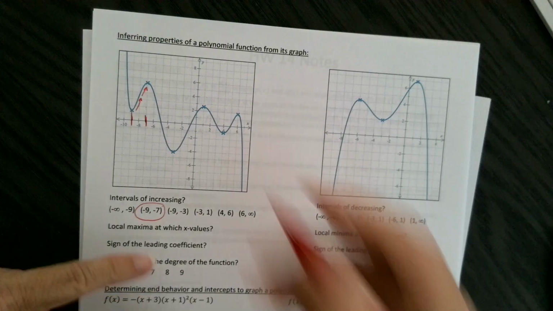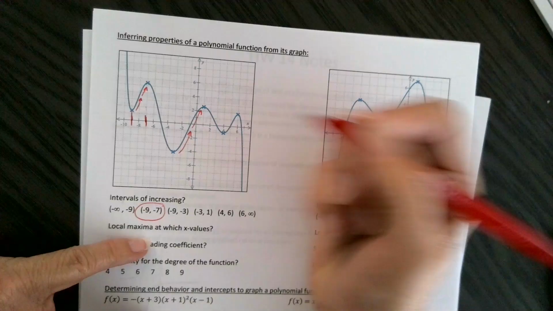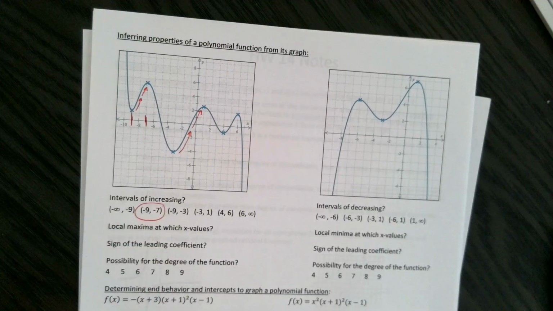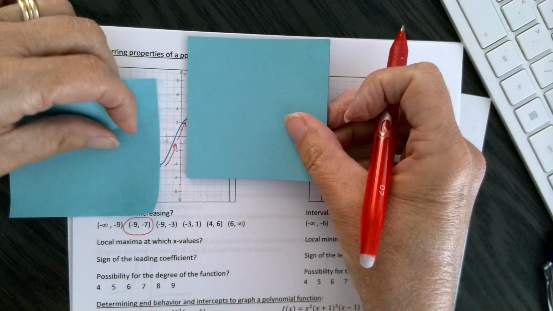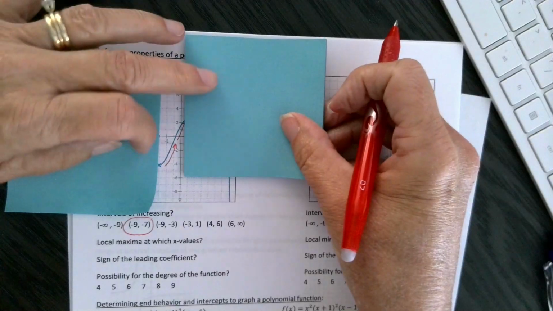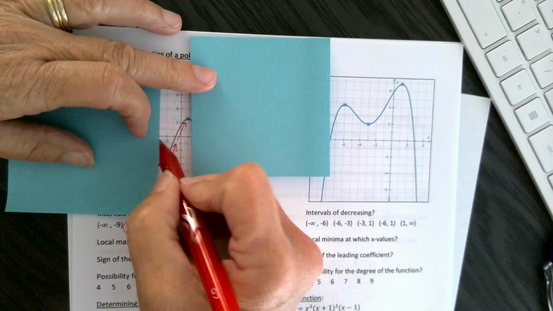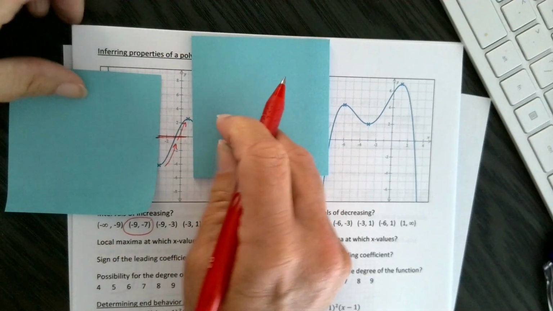Okay. It also increases here. What x values does that fall between? Here's where it increases. Between what two numbers does that increase? From here over to here on the x-axis.